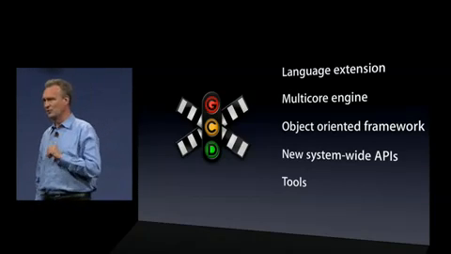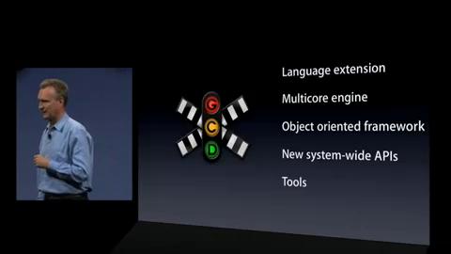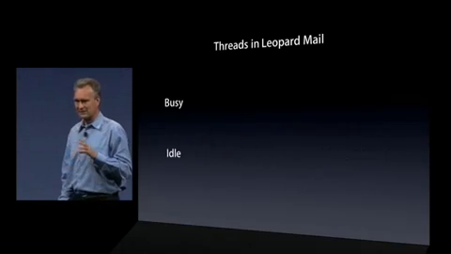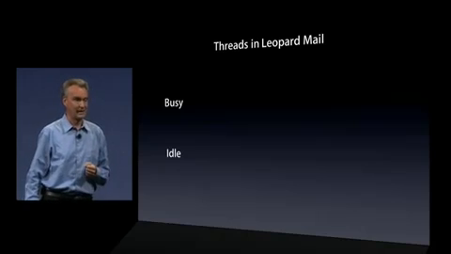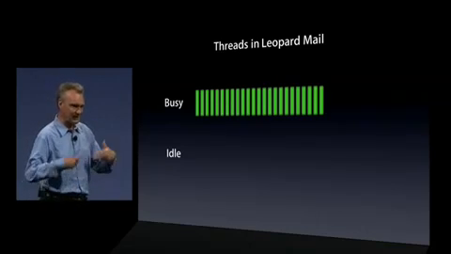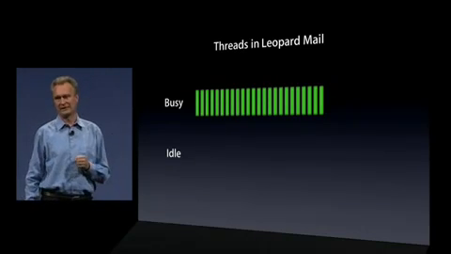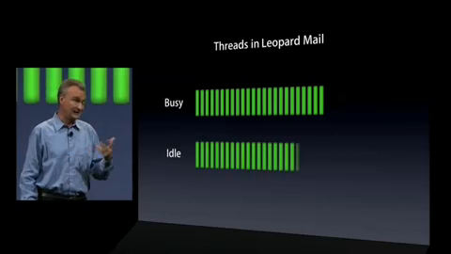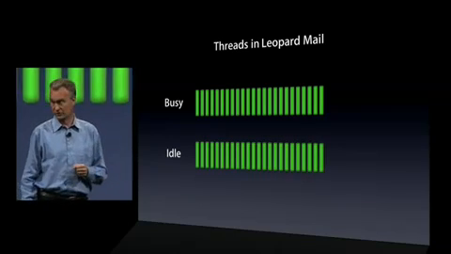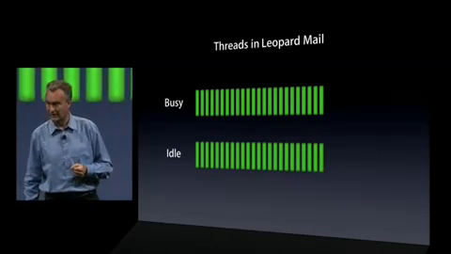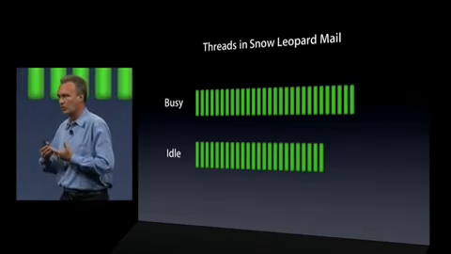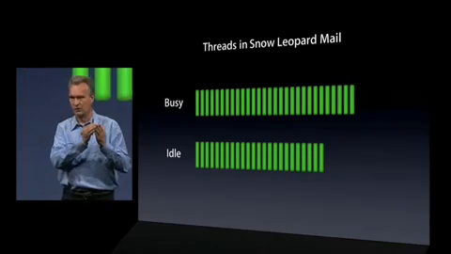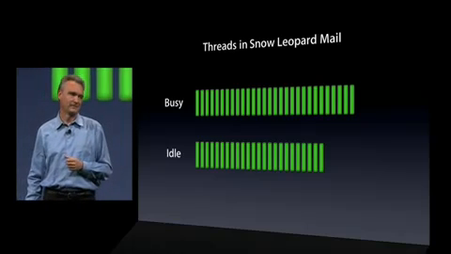So just to give you a taste of what it feels to use GCD, let's look at threads in Leopard for, say, the mail application. When mail is busy, it has a certain number of threads. And when it's idle, it actually keeps pretty much all those threads. In Snow Leopard, when mail is busy, it uses more threads to take advantage of the multi-cores.